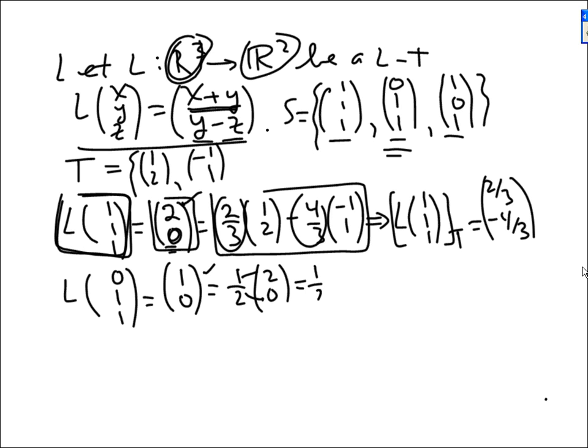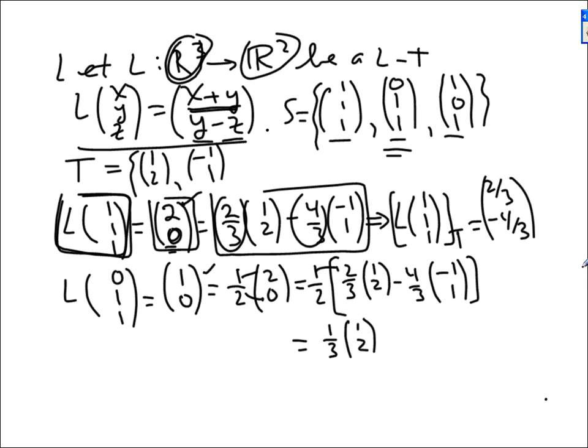Well, this is 1 half of 2 thirds times 1, 2 minus 4 thirds times negative 1, 1. Half of 2 thirds is 1 third times 1, 2. Half of 4 thirds, and there's my minus, is 2 thirds of negative 1, 1. So there's my coordinates, including the negative sign.